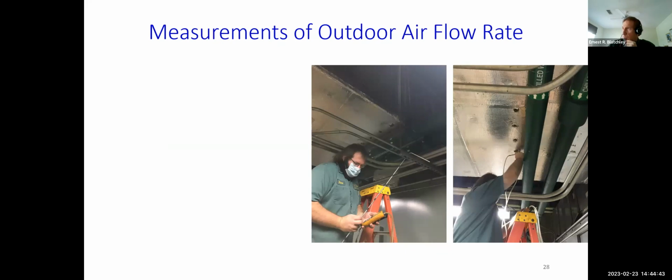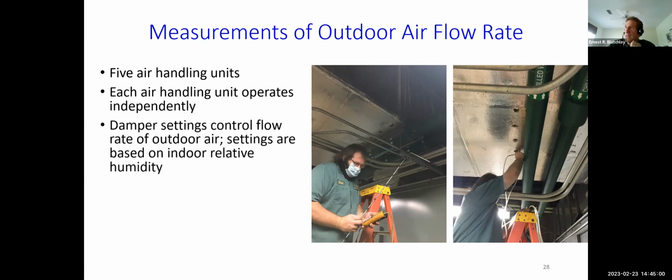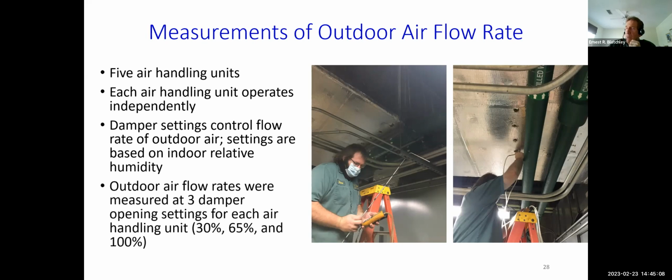So what we did was we worked with the people from the facility to conduct these measurements. At this particular facility, we did measurements on all 5 of the air handling units that exist there. For each of these air handling units, which operate independently, we conducted measurements of airflow rate at each of 3 damper settings: 30% open, 65% open, and 100% open.